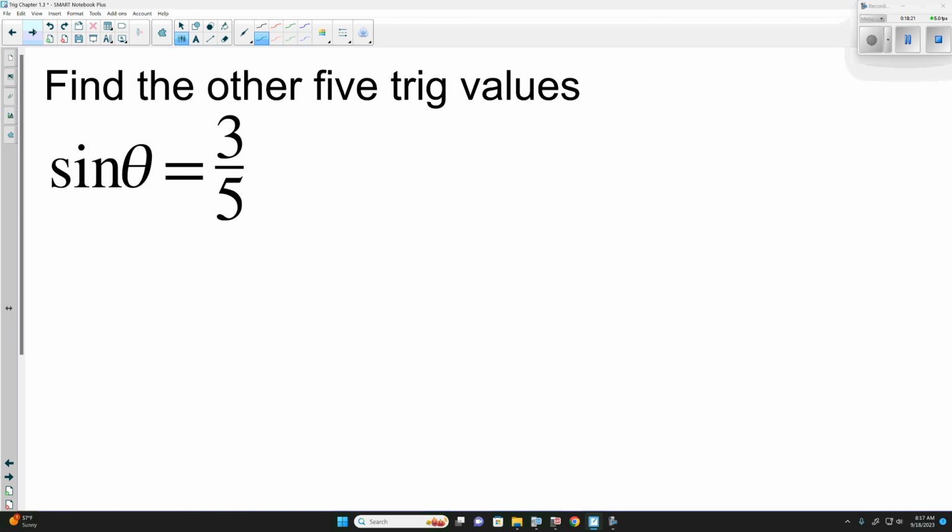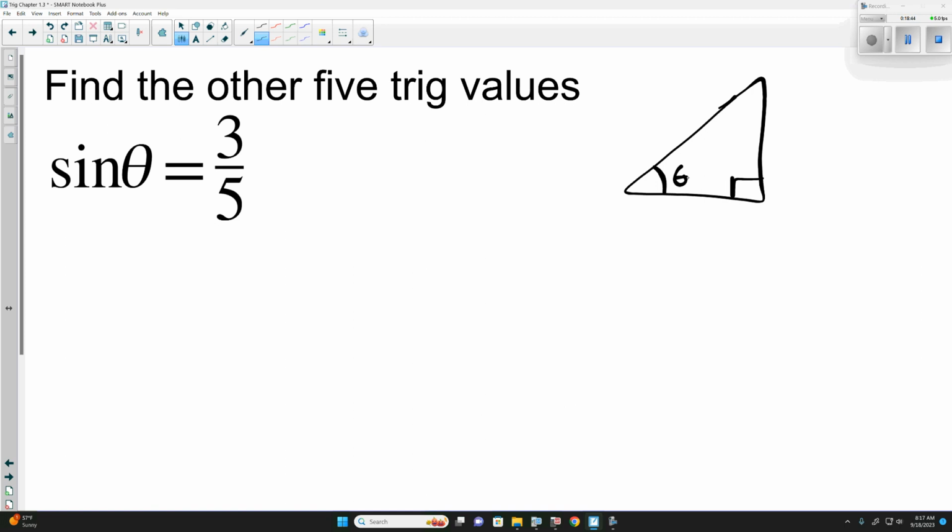Actually draw it. Because here we're talking about right triangles. So first thing I would do is draw a right triangle. Because we can go purely by definitions and try to go that way, and that works. But if I can have a picture, I would prefer having a picture.